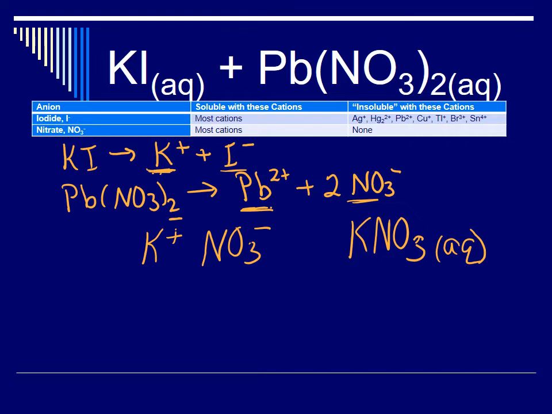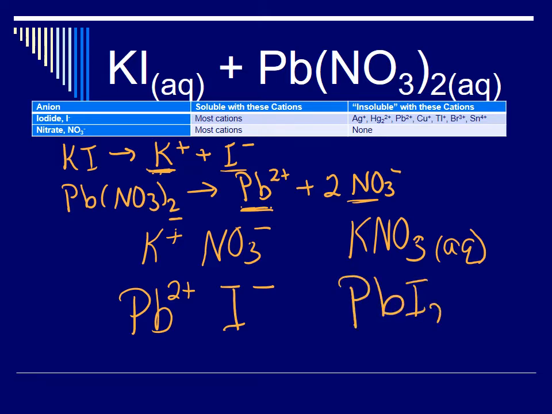Well, let's see what else we have. Now remember, we always start by looking at the positive portion. The other positive thing we have is lead. Now that lead, we already said it's not going to react with potassium because they're both positively charged, but it could possibly react with iodide. Now iodide has a -1 charge. Oh, do you remember how to balance the charges? On this one, I'm going to need 2 iodides to balance that +2 charge.